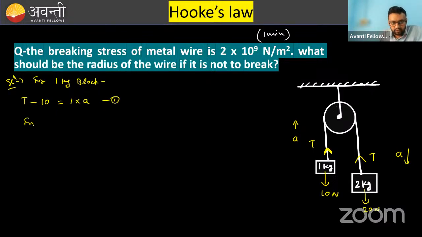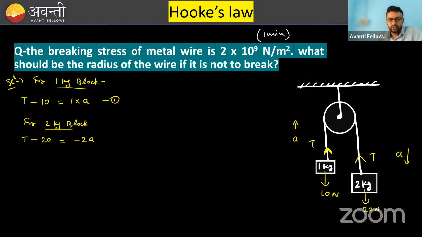Again for the 2 kg block, there are two forces, T and 20. T minus 20 is equal to mass is 2, acceleration is A, that is minus 2A. Why minus? Because the block is moving downward.